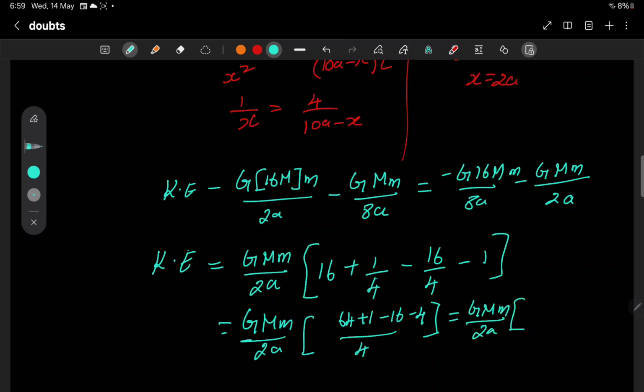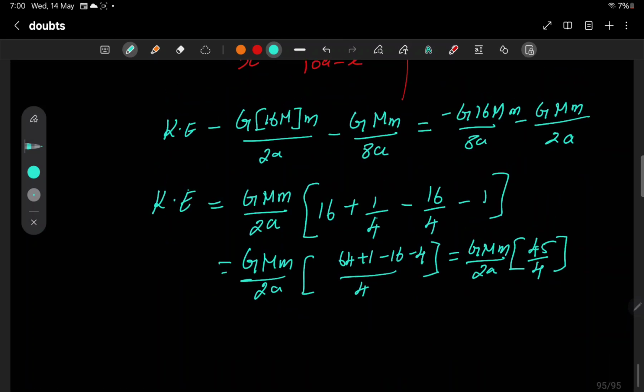Here we have to add all of these, so we will get 45 by 4. So this is what we are getting. This is equal to what? Kinetic energy. Kinetic energy is half mv square. This should be equal to GMm by 2a into 45 by 4.